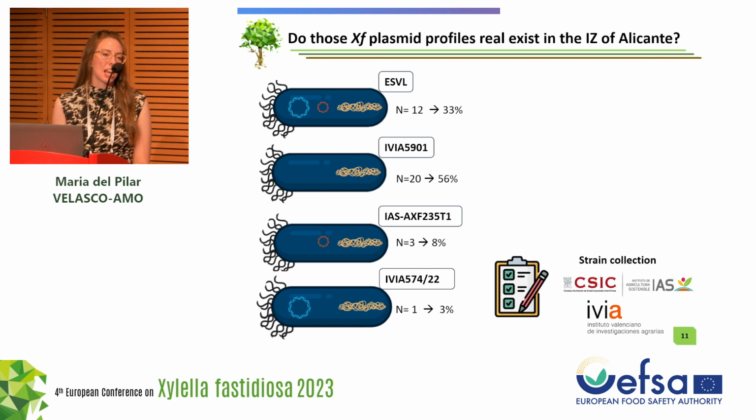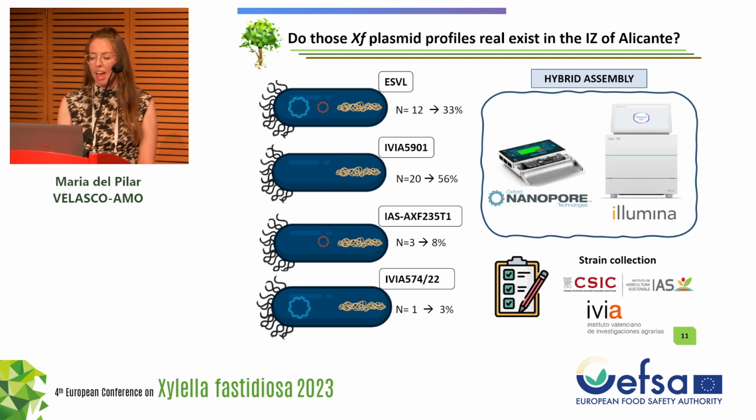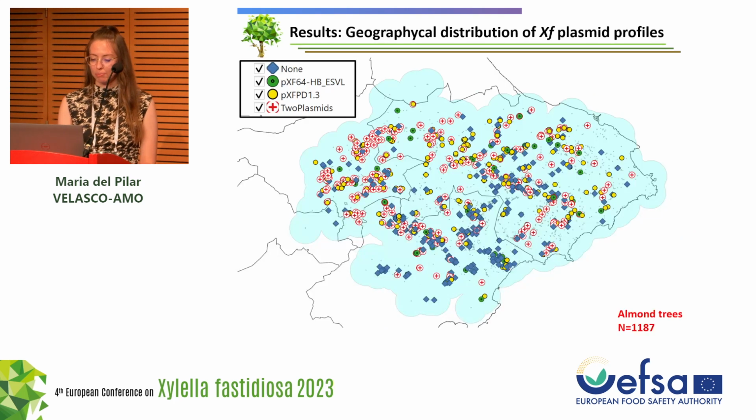Being the last found, the EVIA 15574. Now we are doing hard work trying to close genomes and doing hybrid assembly, just to do a comparative analysis between all the genomes.